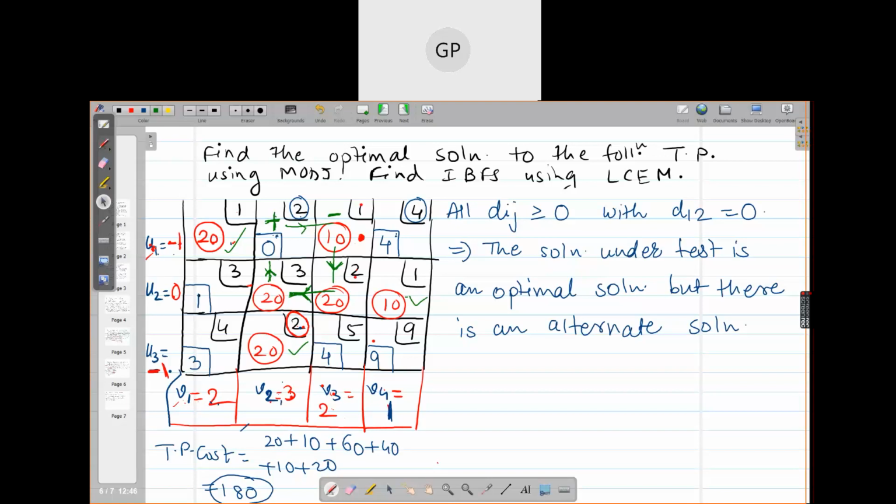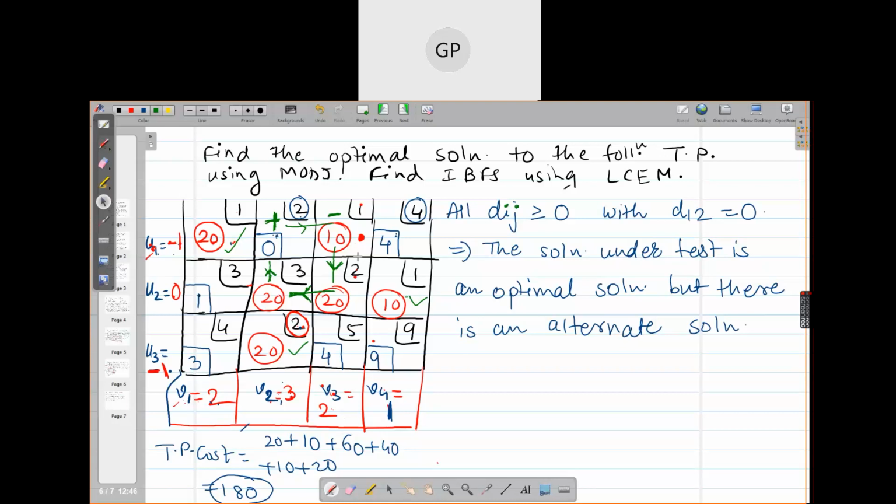So if I put some units here... This is for the alternate solution, no? No, this is for everything. Even though any Dij is less than 0, you have to start from that less than 0 cell, Bipashini, and do the same thing that I'm doing right now. Put a plus sign for that cell where Dij is most negative, okay?